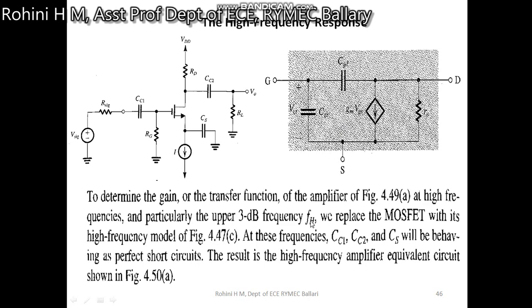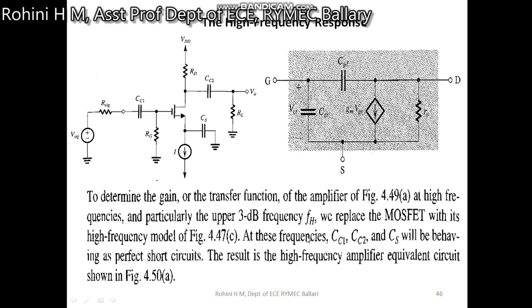Here we are only concentrating on the high frequency of operation, that is at FH. At high frequency we are considering the two capacitances, because the gain falls off due to CGS and CGD.